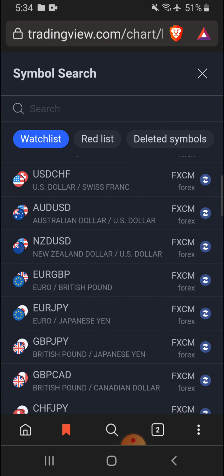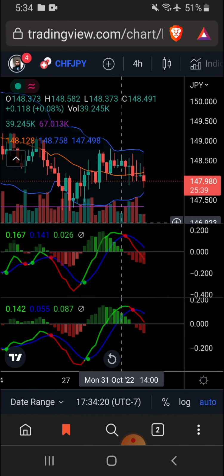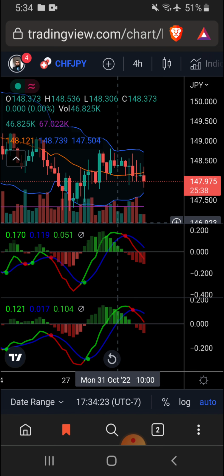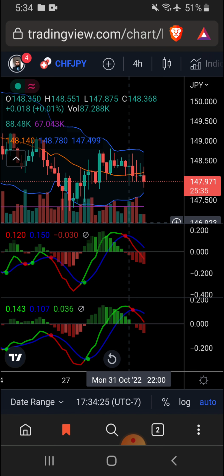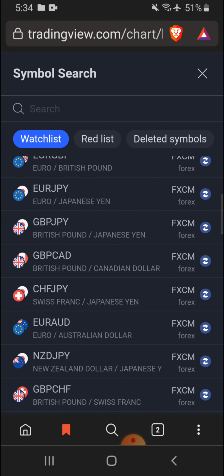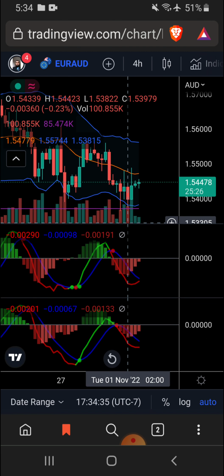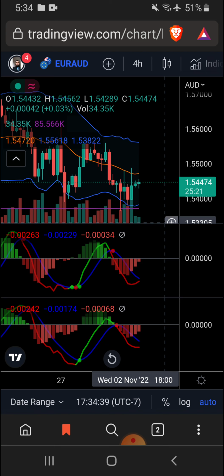Not that great either. Swiss franc against the yen, not that great either. Nothing really happening with that. Two more minors, I think. It's not that great. Current 474.